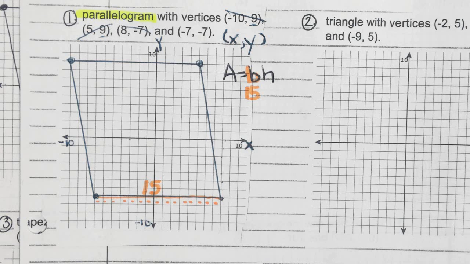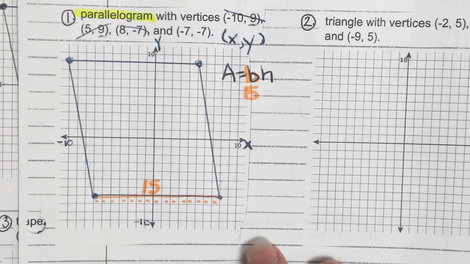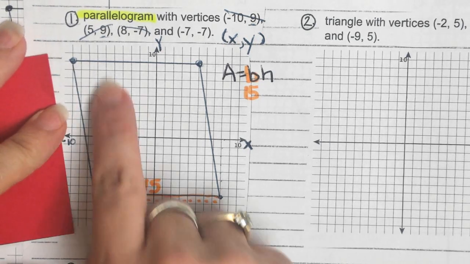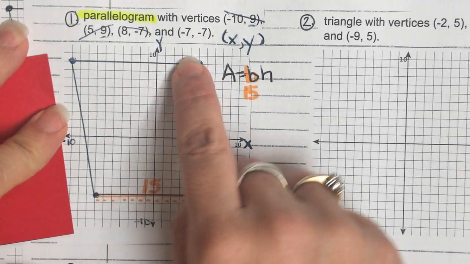Now I need a height, but you've got to think of the attributes of the height, which is that height has to be at a 90. It has to be a perfect 90 degree. It also should be measuring between the 2 parallel lines. So, if you're looking, anything between here and here can be a height.